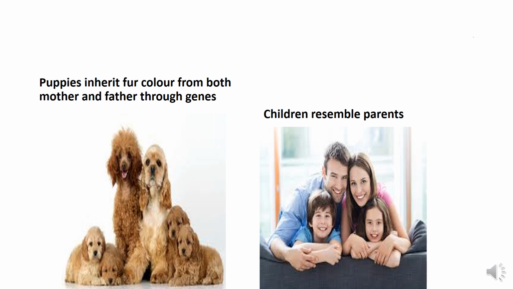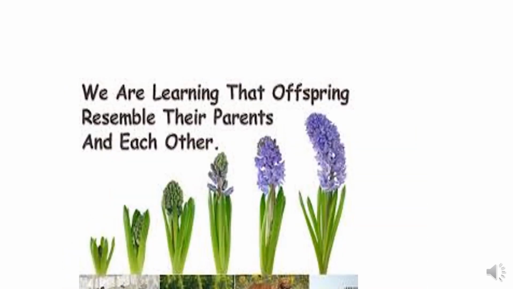Also, the features of children and parents are similar. Each gene carries instructions that determine your features such as eye color, hair color, height, etc. When you observe these plants, you can see the young saplings resemble the big plants.